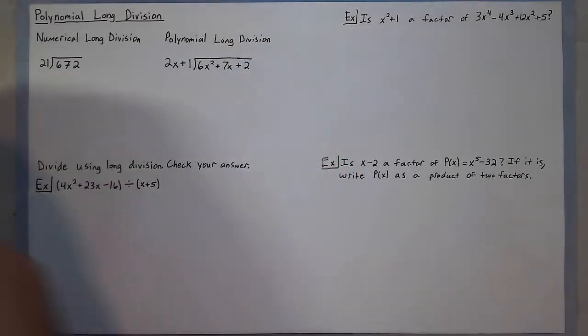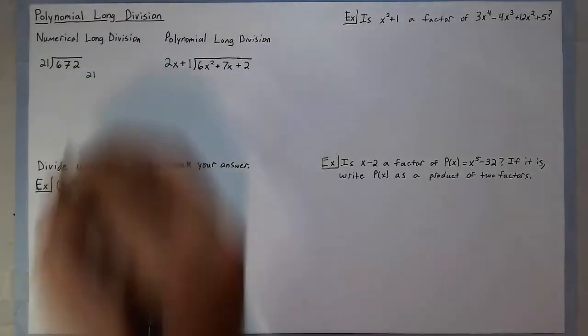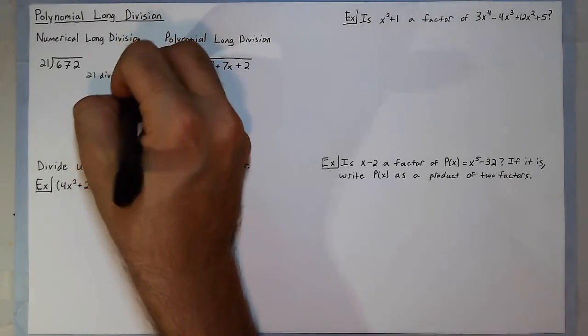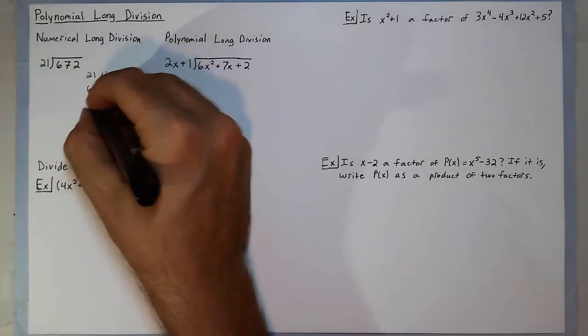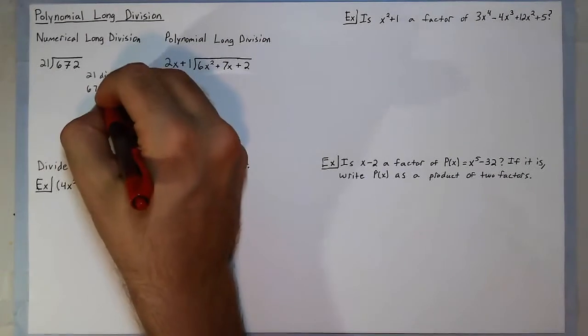So your first question that would come up would be like, how 21 divides into 67 how many times? Well, you would say 3.